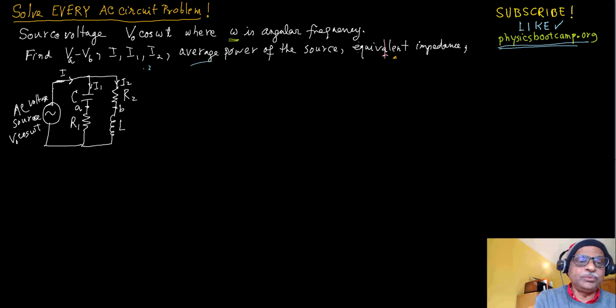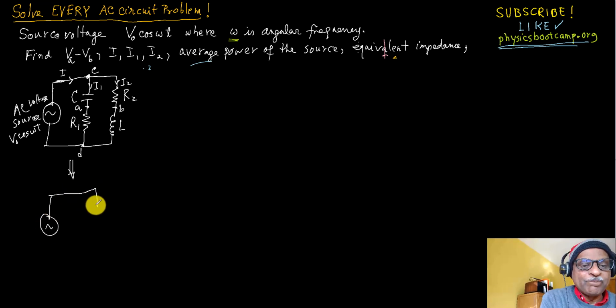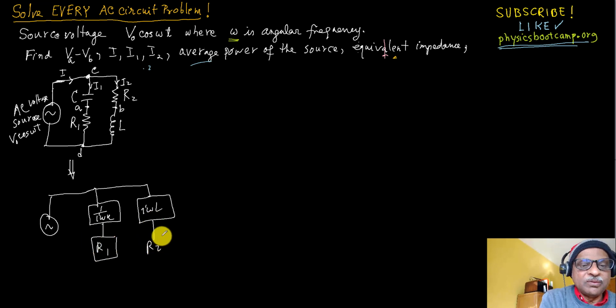Okay, let's try to write the equations of this circuit, and let me put some names here, C and D. The first step is to convert this into impedances. So we write a box with 1 over i omega C, and this is i omega L, R1, R2.